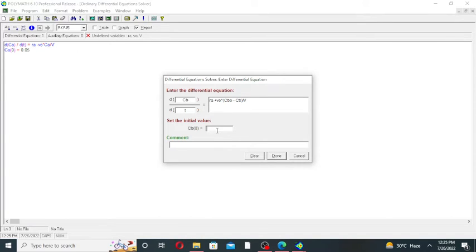Initially there was no B present in the semi-batch reactor. Initially there was only component A in the semi-batch reactor, so CB naught was 0. Click on done.